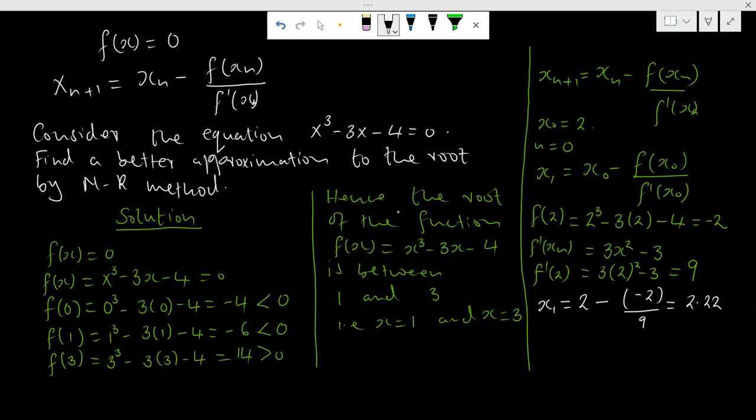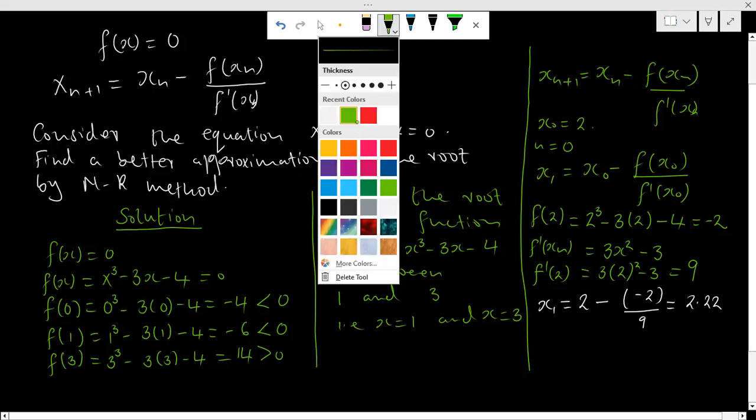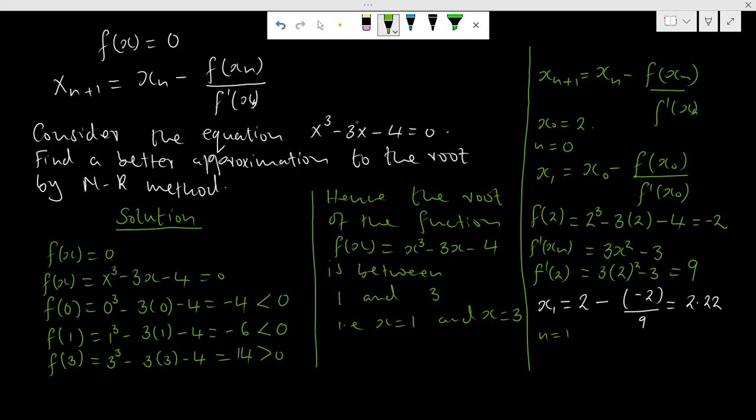So to go to x2, we have n being equal to 1. When n is equal to 1, we're going to have x2 is equal to x1 minus f at x1 over f prime at x1.